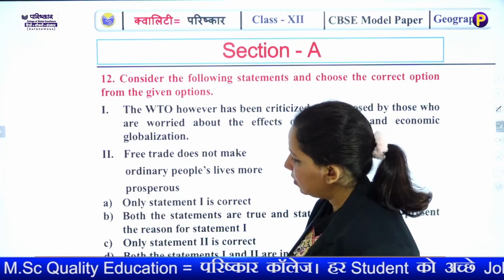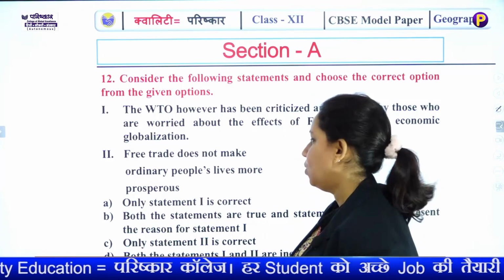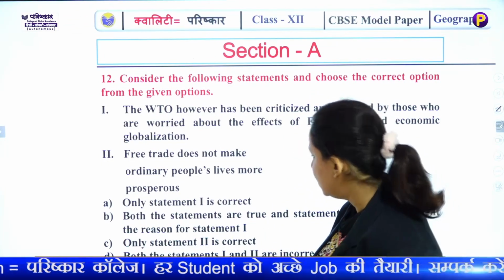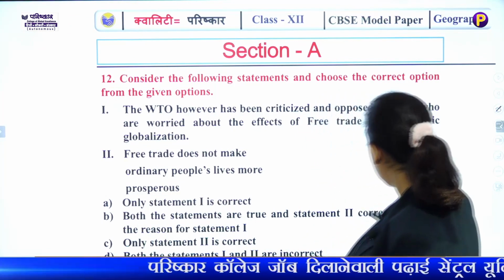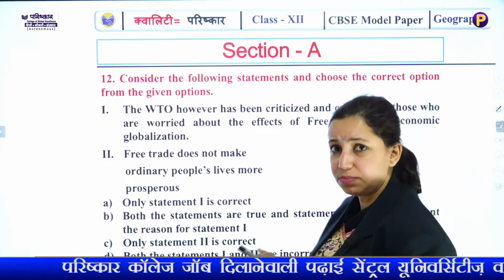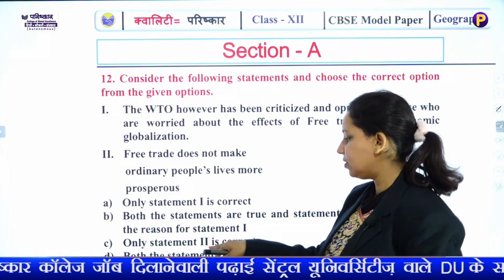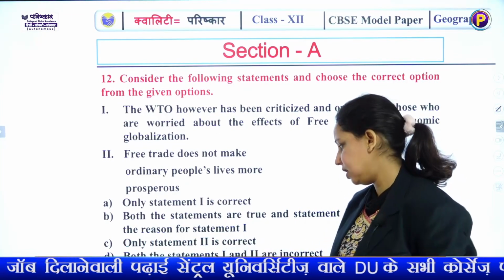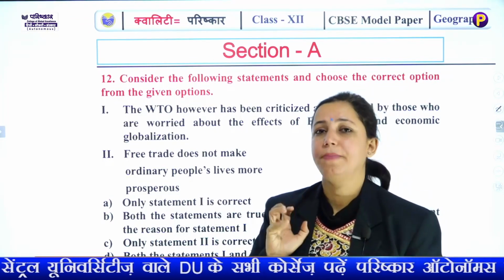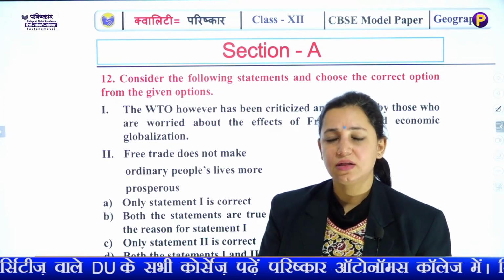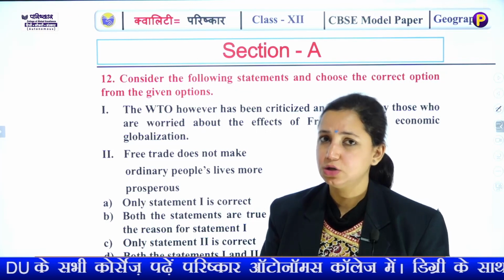So we can read the following options. Only one statement is correct, both the statements are true, and statement second correctly presents the reason for statement 1. Only statement second is correct, both the statements are incorrect. For this you should have the knowledge of the topic. In solving these types of questions, you should have the knowledge of the topic.